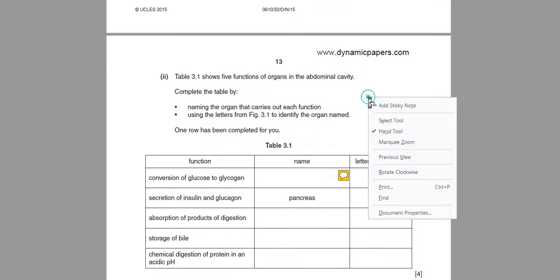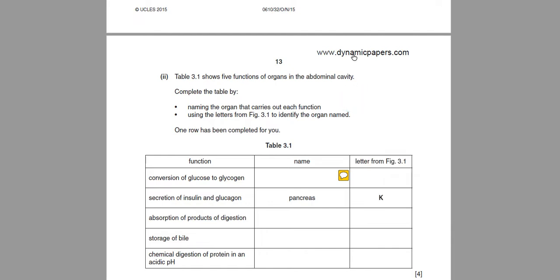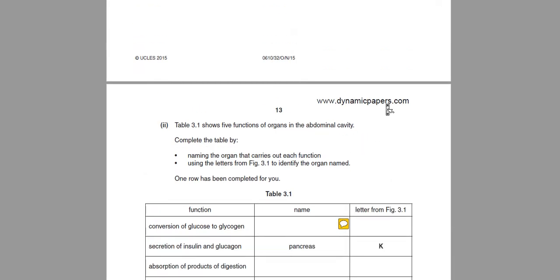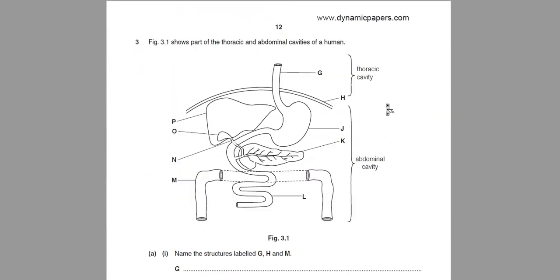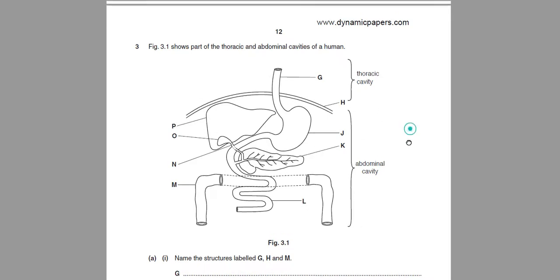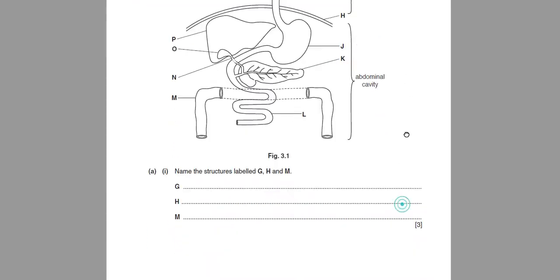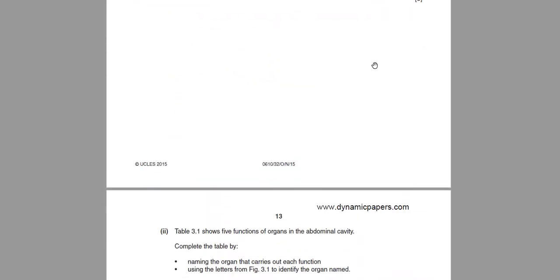Okay, so you have to find the letter for liver. For liver, where is the letter? The letter is actually P. So what will be my answer? My answer will be P here.